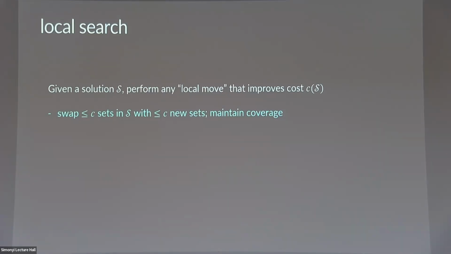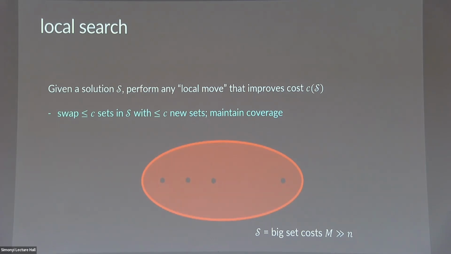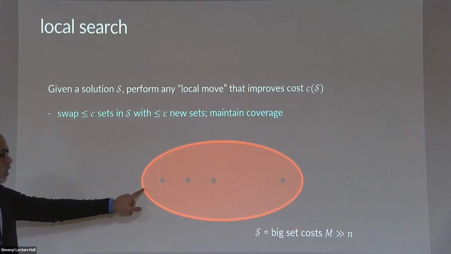And in fact, the annoyance was that for the longest time, we didn't know of any local search algorithm for set cover. Now, what is a local search algorithm for set cover? So the naive thing could be, just try to implement this. And if you think about this, this is a really crappy algorithm. Because imagine the following situation: your current solution looks like this.